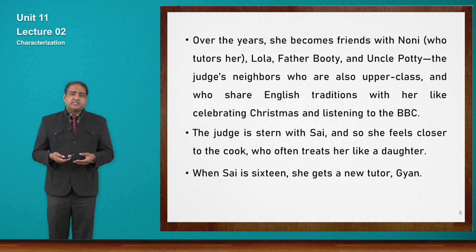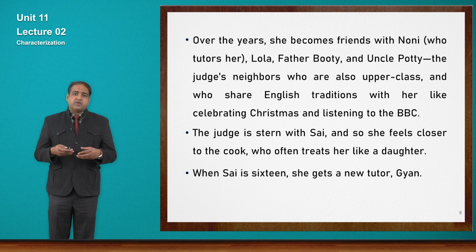They used to celebrate Christmas. They used to listen to the BBC. And all those English customs and ways of living were already adopted by Sai in her schooling. So, she quickly became friendly with people like Noni, Lola, Father Booty, Uncle Potty, etc.